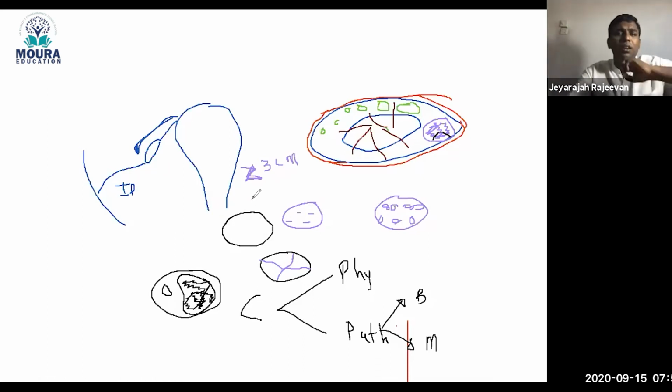Once ovulation occurs, the follicle will rupture and the cyst will disappear. This is your physiological cyst. So when you look at the ultrasound scan, if the cyst is less than 3 centimeters and unilocular, then you can say this is a physiological cyst.